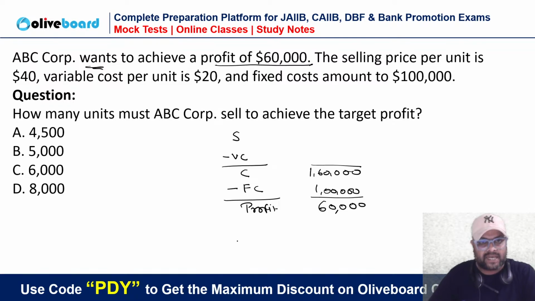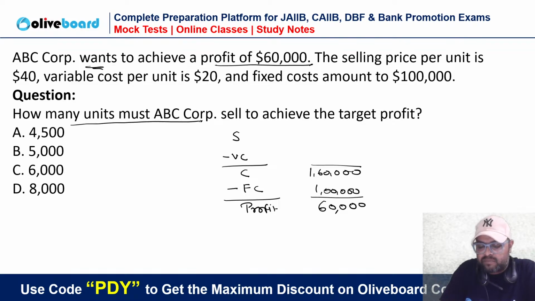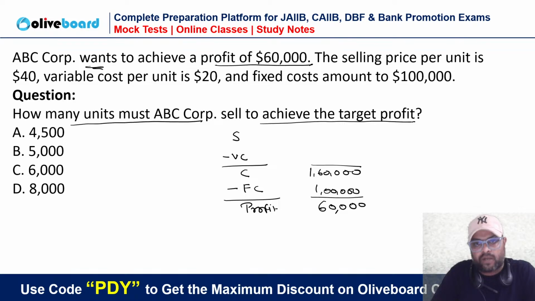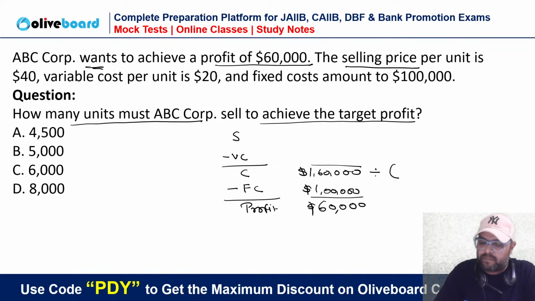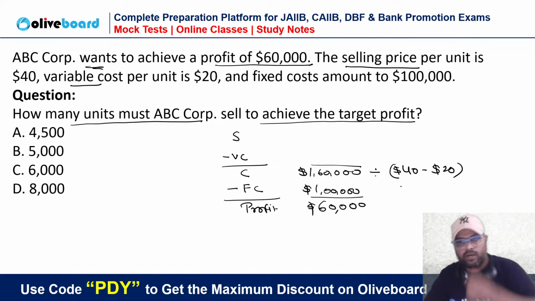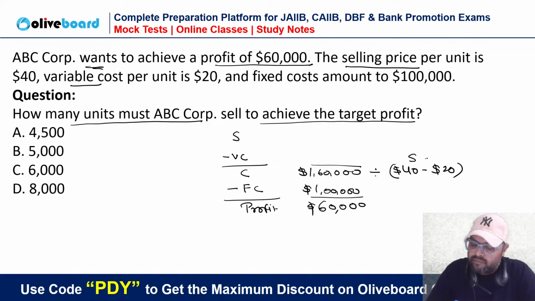The question is asking how many units must ABC Corporation sell to achieve the target profit? Because we already have the contribution in totality, if I divide this by the difference of selling price and the variable cost. Sale price was $40 and variable cost was $20. Obviously, when I reduce variable cost from the sales, I get the contribution.